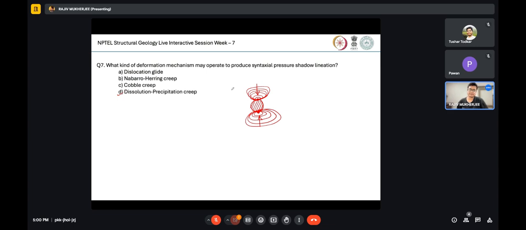And the stress expands, it decreases in this hemispherical manner. So these zones, they become the low pressure zone. These are the high pressure zone.